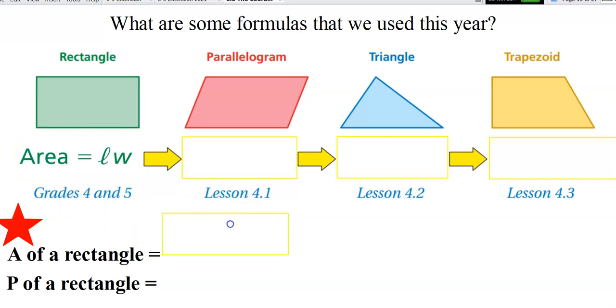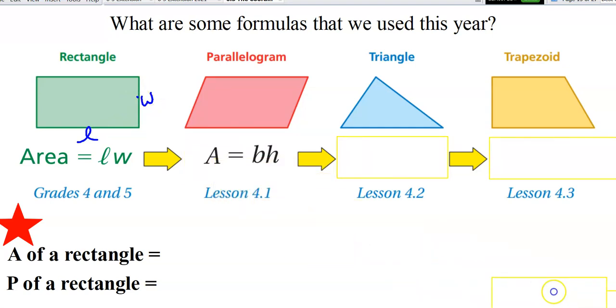So we have a rectangle. Remember, area is length times width. So then I would label this part the length and this the width. And then for a parallelogram, hey, it's just like a rectangle. It has a length and a width, but we call it the base. And remember, the height is the distance that is perpendicular to the base.